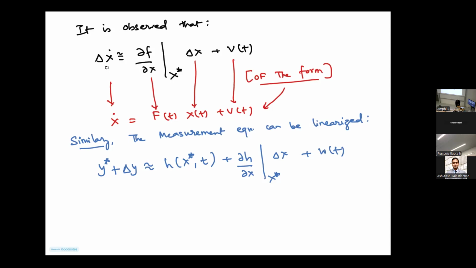So del x dot can be mapped to x dot, the Jacobian becomes F, del x is x, and this is the noise, right? So the idea of the linearized Kalman filter is that rather than estimating each x, I am now estimating del x at each time instant. And similarly, the measurement equation can also be linearized in a similar fashion.